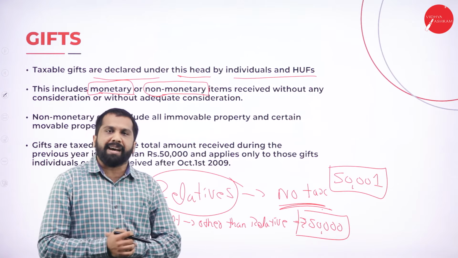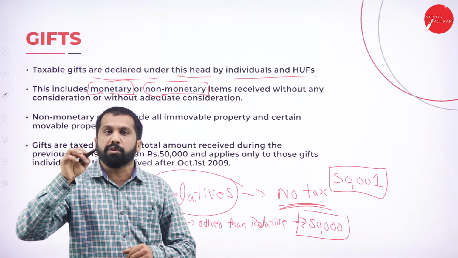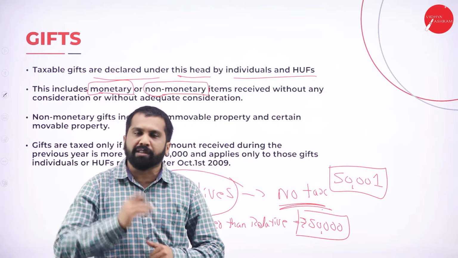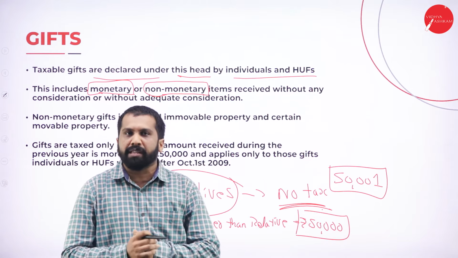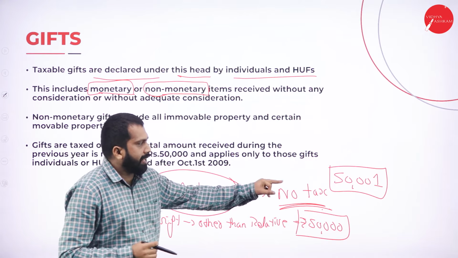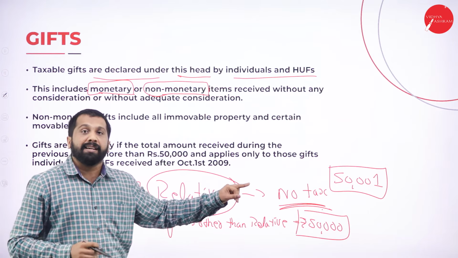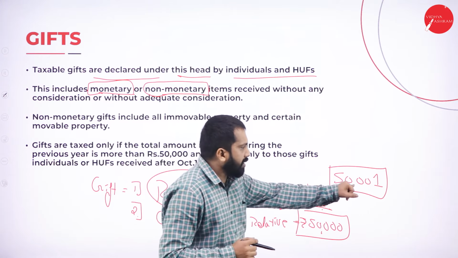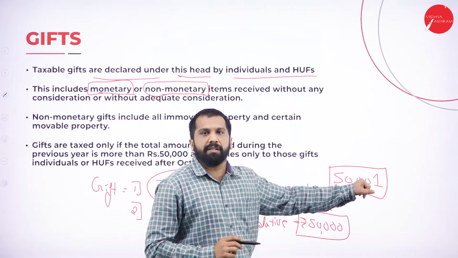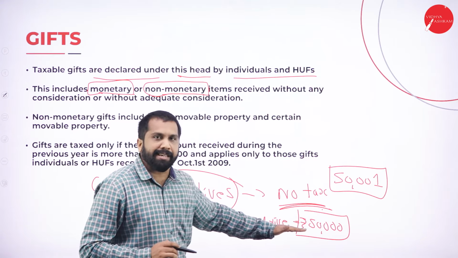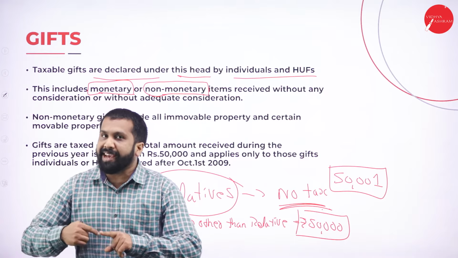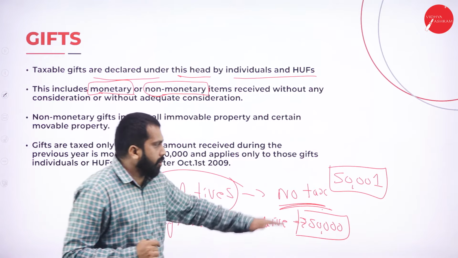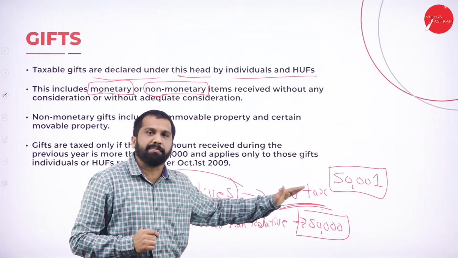If you go to any marriage, how much will you keep? 201, 501 rupees, 1 rupee extra you will give. Similarly, if you collect 50,000 and 1 rupee, then the complete 50,000 and 1 rupee is taxable. Up to 50,000 exemption. If you take 1 rupee extra also, the whole amount will come under the taxable limit.